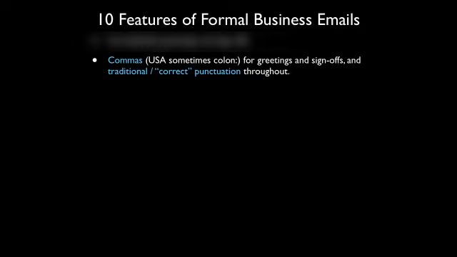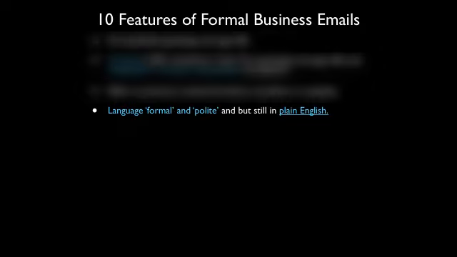Okay, so let's summarize the features found in this formal business email. We use the more formal greetings and sign-offs such as "Dear Brian" and "kind" or "best regards." Commas were used with these greetings and sign-offs, and overall, traditional punctuation styles are used. We referred to previous contact or introduced ourselves or our company. Language is more formal, so less spoken in style, but should be still clear.